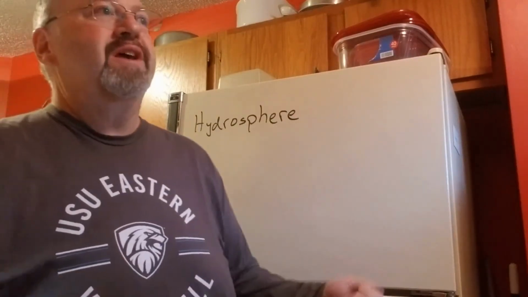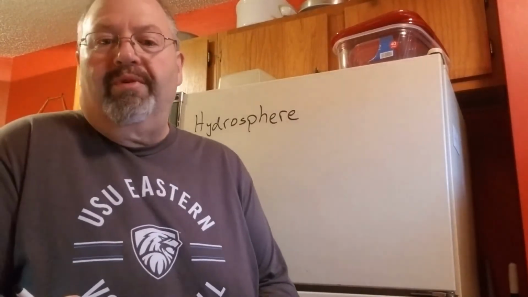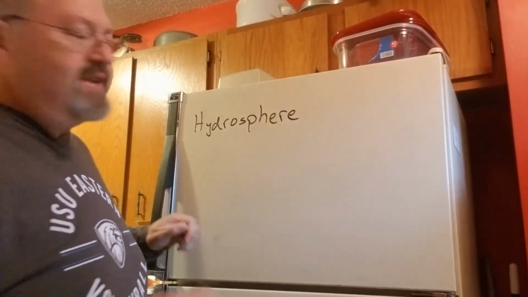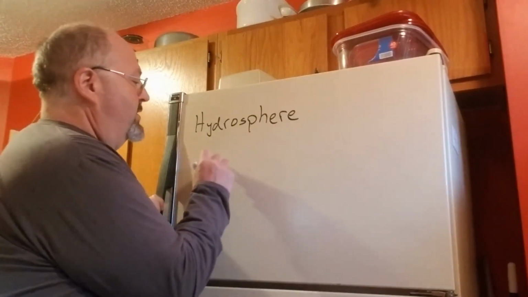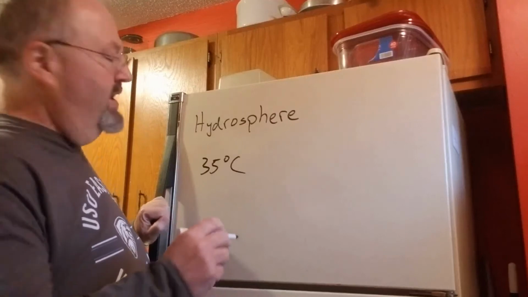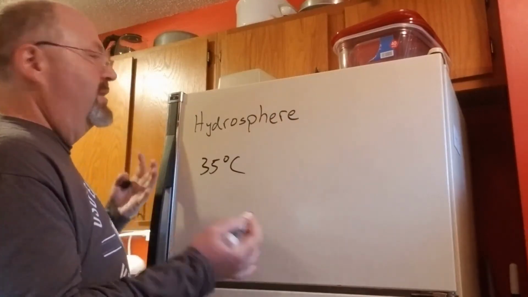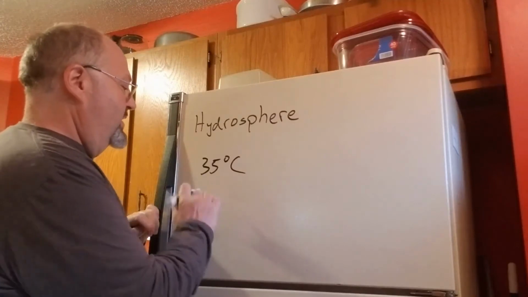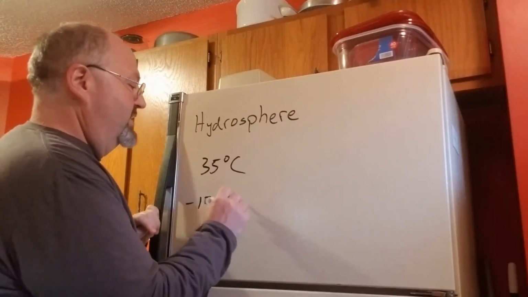If you ever spend a day on Mars, which some of you may very well do at some point, daytime temperatures run around 35 degrees Celsius, and the nighttime temperatures, because there's no atmosphere to hold in the heat, go down to about negative 170 degrees Celsius.